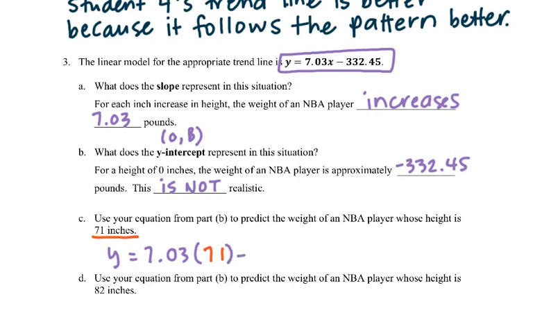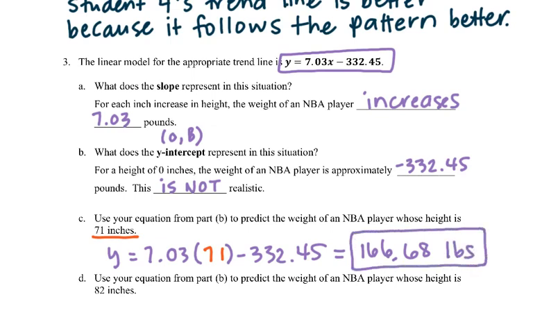And then the rest of the equation says minus 332.45. And if you type that in your calculator, you can type it all at once, and you should get 166.68 pounds is the predicted weight of that player.